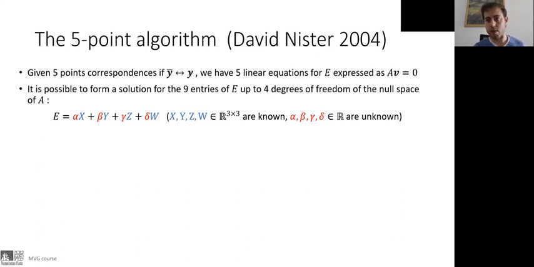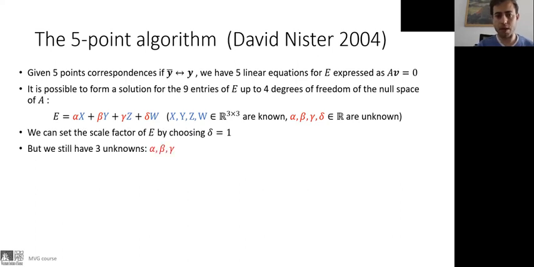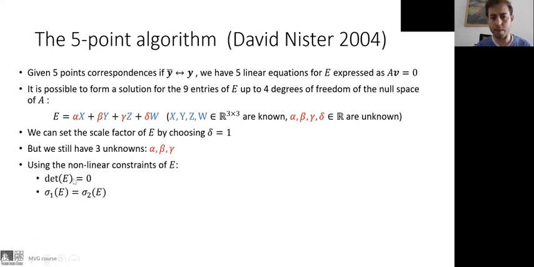What you did not use yet is that the essential matrix has 2 additional properties of determinant 0 and identical singular values. These are nonlinear properties.